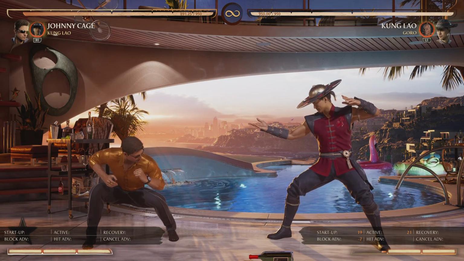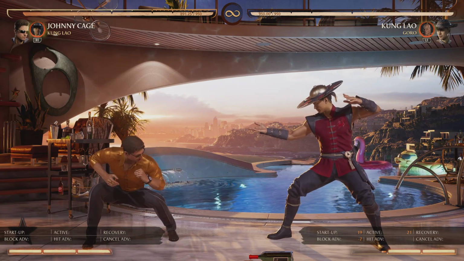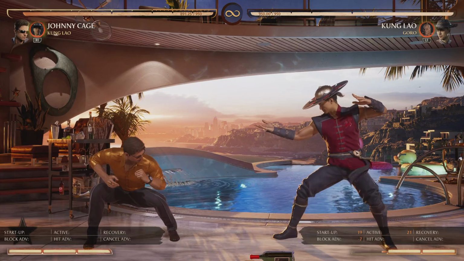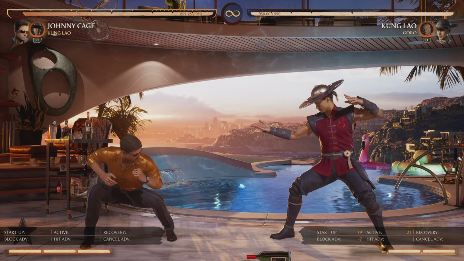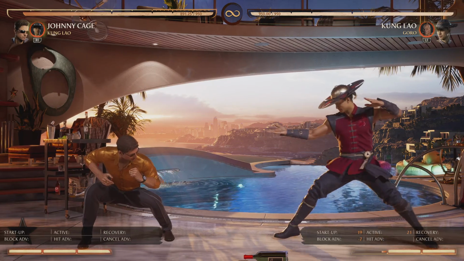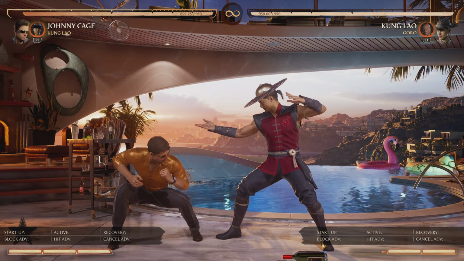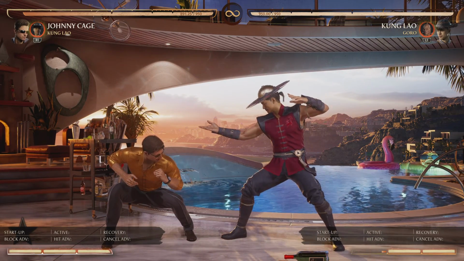Not enough people talk about it, but that's just one of those things when you pick a character to look at, right? Like Johnny Cage has the fastest armor in the game, but it's unsafe. Kung Lao has safe armor that launches. It's pretty good. So you can factor that into your characters and understand now why having safe armor is good, or what even having safe armor is.